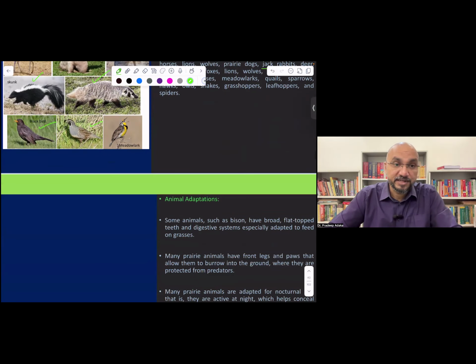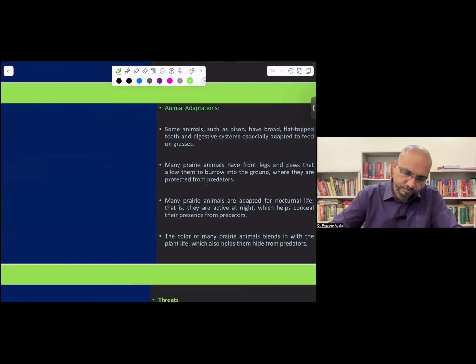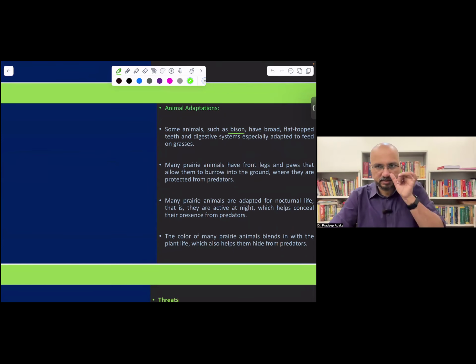Now animal adaptations. Some animals like bison. In the starting picture of temperate grasslands, in the upper portion, you have bison.